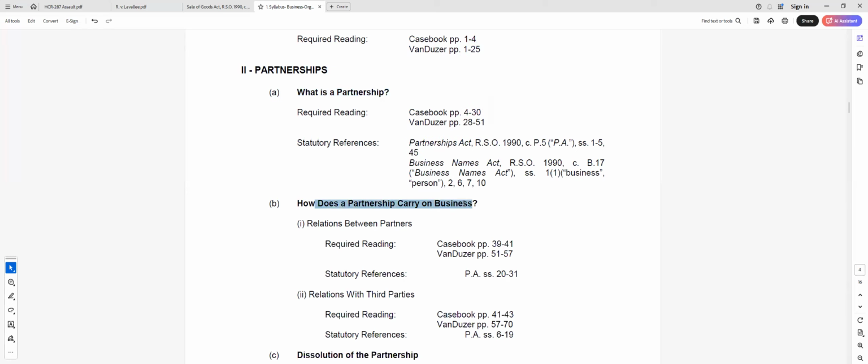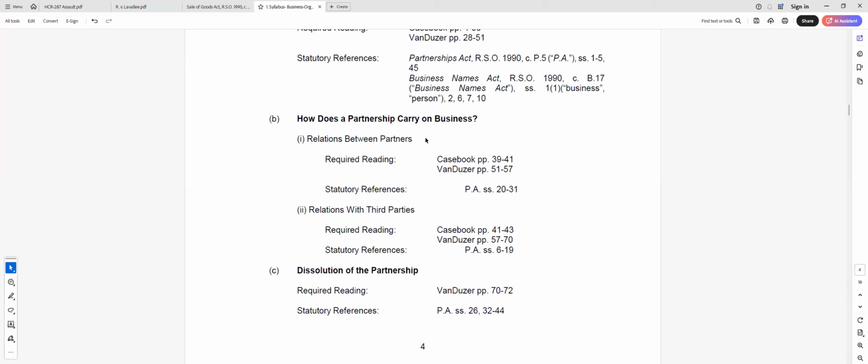Then how does a partnership carry on a business? Relation between the partners and relation with third parties. As we saw earlier, relation with third parties is also important because a question can come from there. And what do they owe each other and to other people, and who are these other people and why do they owe them? So that also we'll see in this chapter.